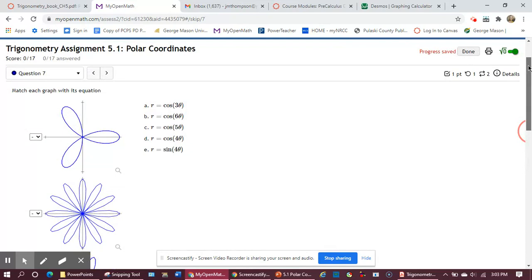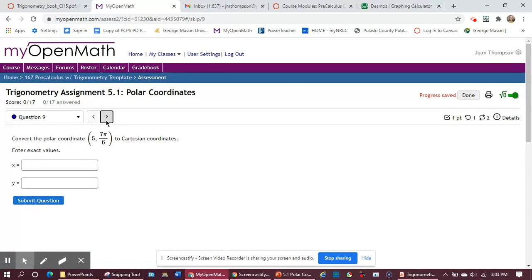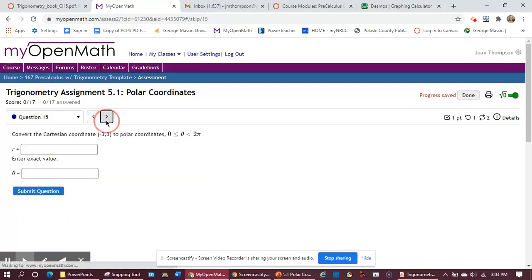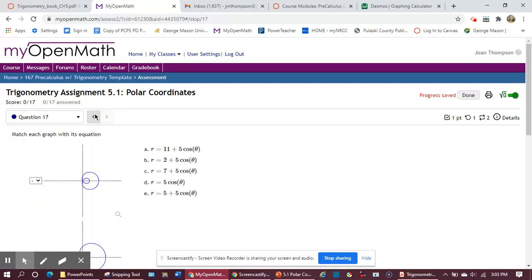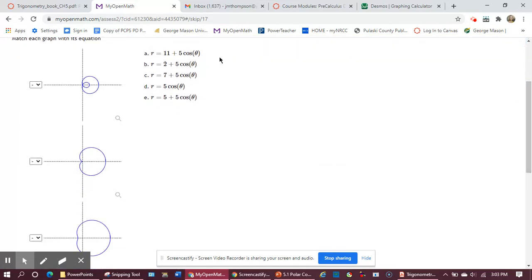So you'll have a few of these kind of questions where you're going to have to just discuss or match. There's a couple where you're going to have to decide which of these equations matches the limacon that you're given.